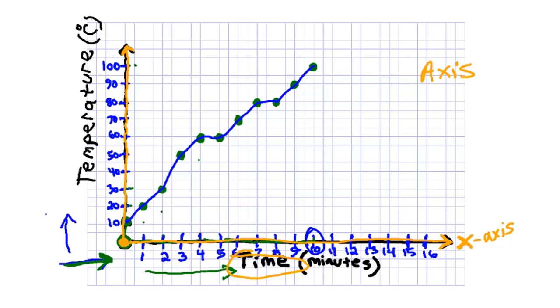So the x is the one that goes to the right, like that. And your amount line, the one that goes up, that's going to be called your y-axis. So your y is the one that goes up.